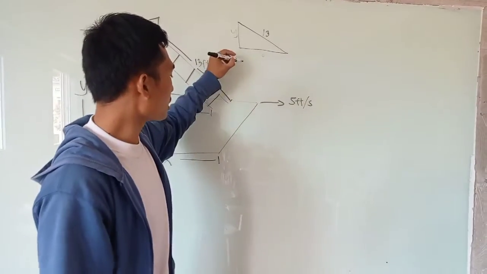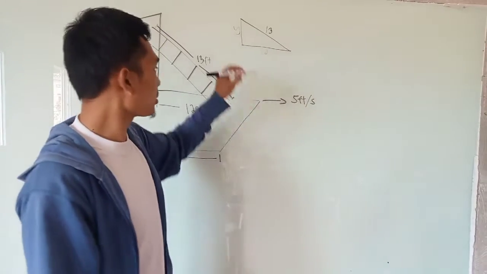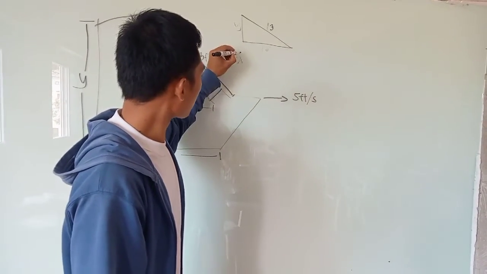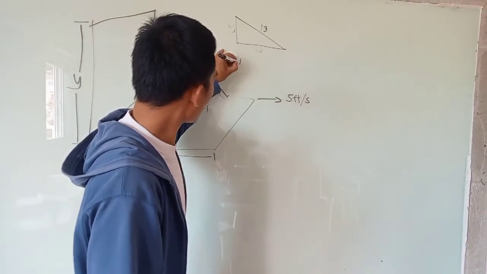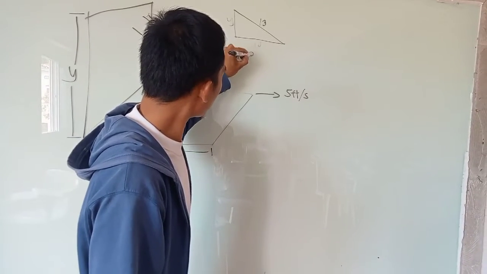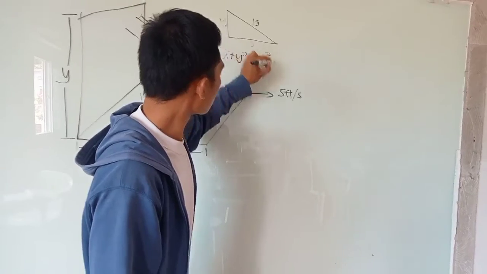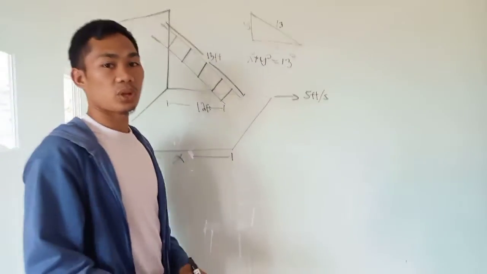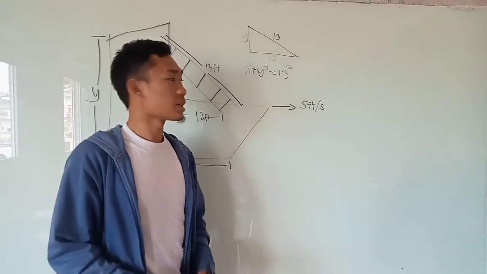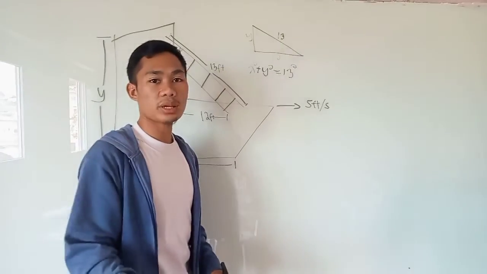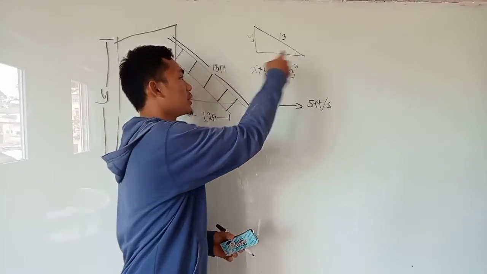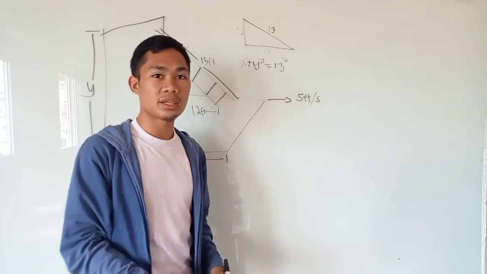So how? We know that the formula for the Pythagorean theorem is x squared plus y squared is equal to our hypotenuse, which is 13 squared. We are looking for the value of y, so what we need to do is transpose the variable x to the other side.